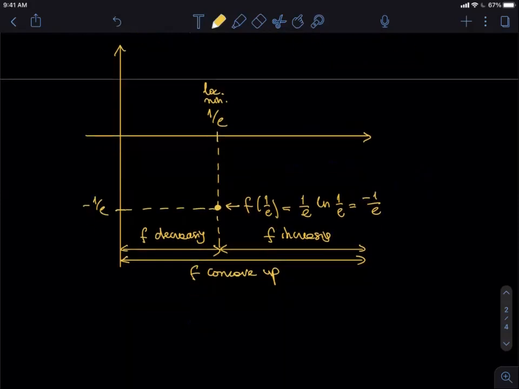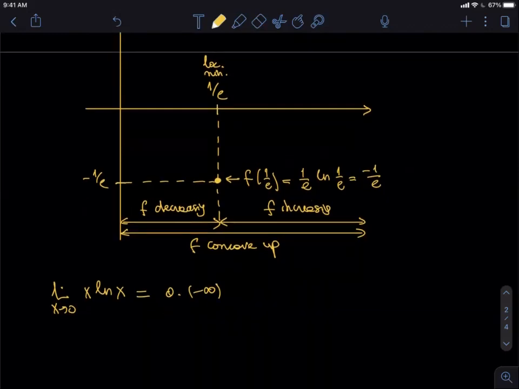And then we would like to know also what is the limit as x tends to 0 of x logarithm of x, okay, which is of the type 0 times negative infinity. This is an indetermination, but it's not a L'Hopital type of thing. But we can turn it into L'Hopital, so we can write logarithm of x divided by 1 over x, right? This now is negative infinity divided by infinity.